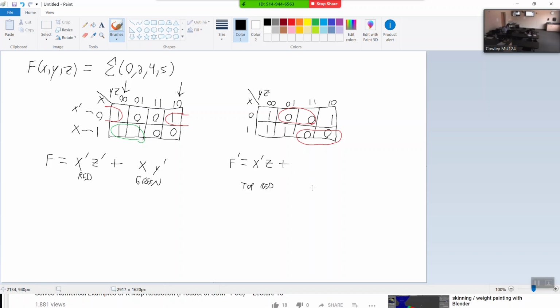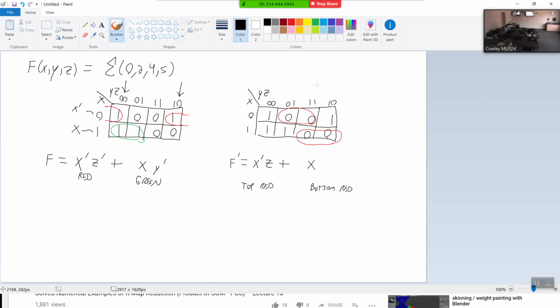Now if I focus on the bottom two red ones, x in both cases is equal to 1, isn't it? So what do I put here for x? X. What's different, the y or z?